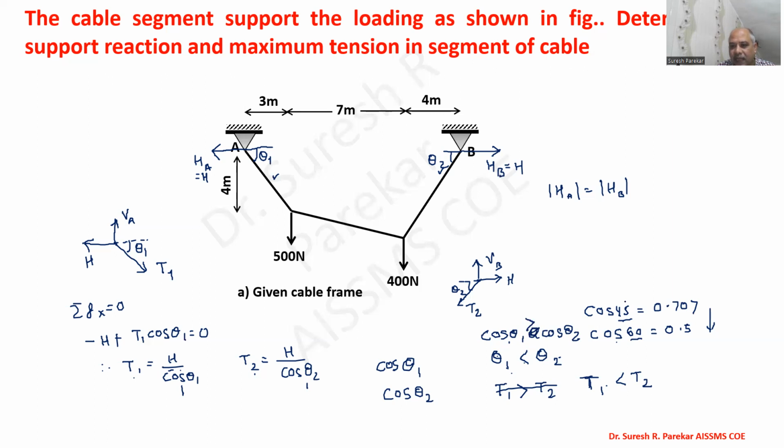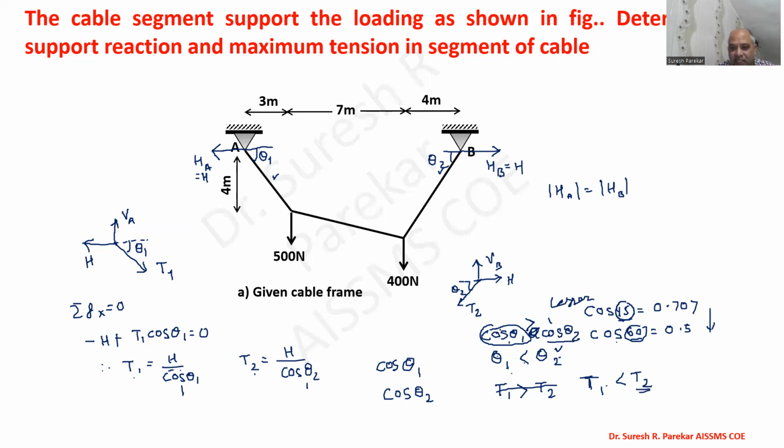If theta 1 is less, then my value of cos theta 1 is greater. If theta 2 is greater, then cos theta 2 is lesser. So as cos theta 2 is lesser, then I have T2 is greater.